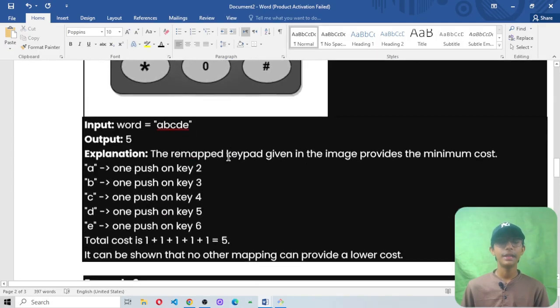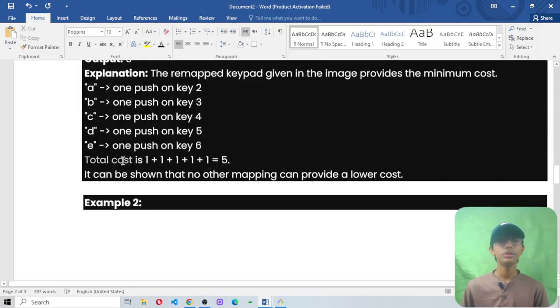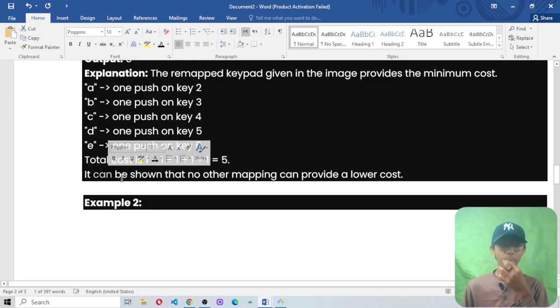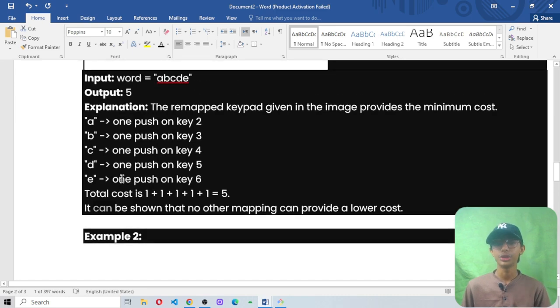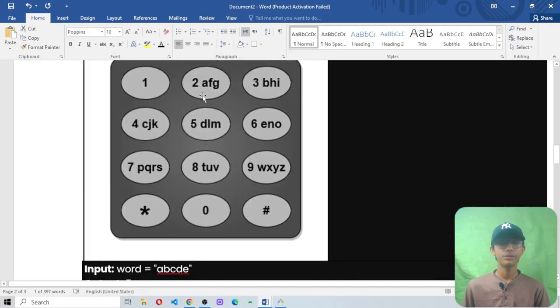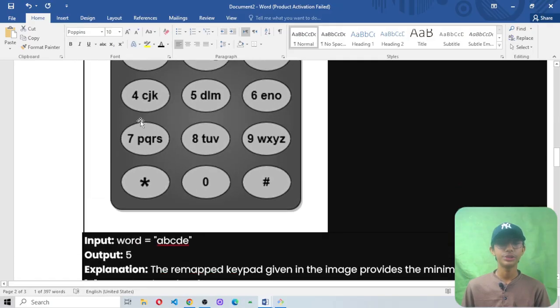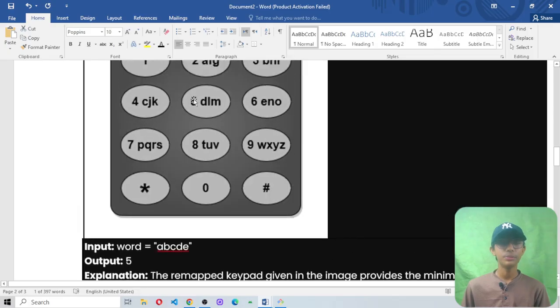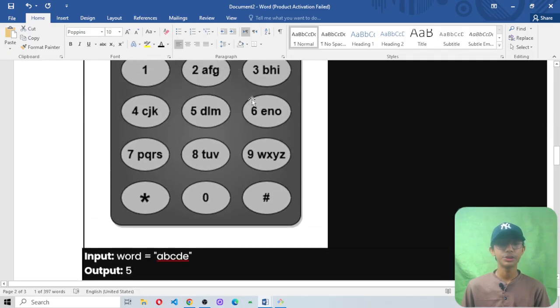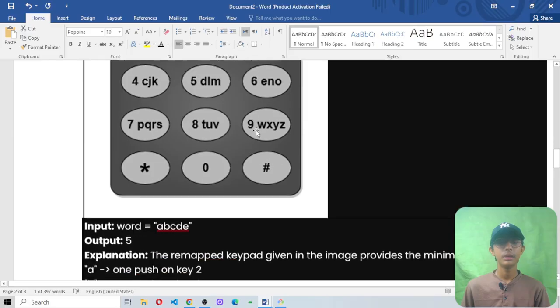So the total cost is 1 plus 1 plus 1 plus 1 plus 1 equals 5. It can be shown that no other mapping can provide a lower cost.